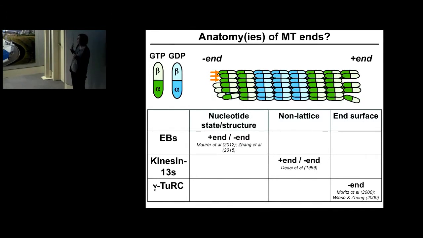Whereas gamma-tubulin ring complexes, which are classically thought of as protecting microtubule minus ends from microtubule dynamics, recognize and bind to the end surface of alpha tubulin at microtubule minus ends. So there are these sorts of mechanisms which we conceived of as ways in which the CKK domain could recognize the microtubule minus end, and we tried to dissect which one was the best.